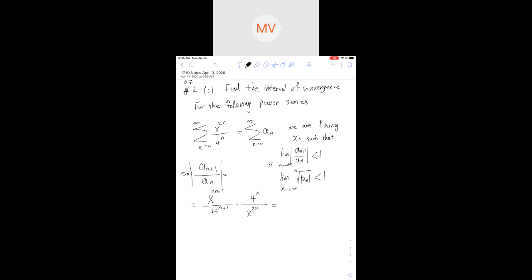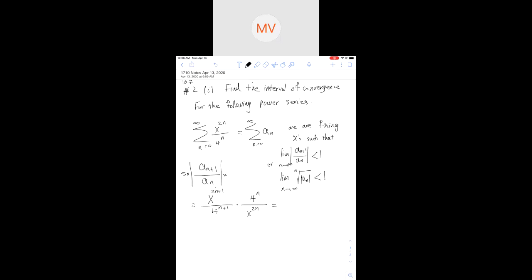Is the substitution correct or no? In the first fraction, replacing n with n plus 1, is it done correctly? What's wrong with it, Donovan? He's right, it's not correct.